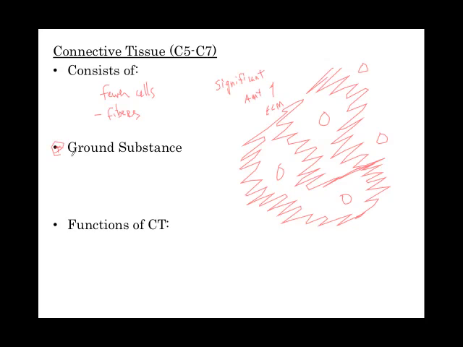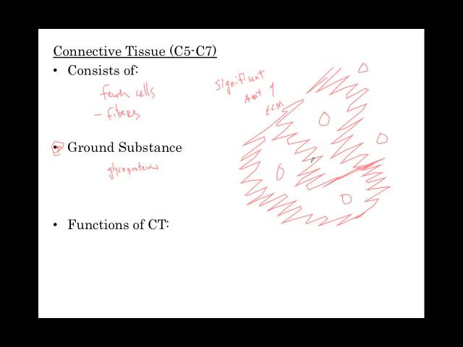And ground substance is a gel-like substance. It's made of organic molecules, mainly glycoproteins, that fills the space. So we have cells and extracellular matrix in connective tissue.